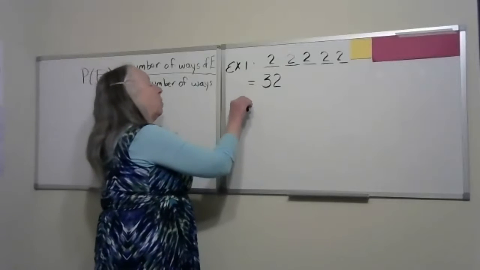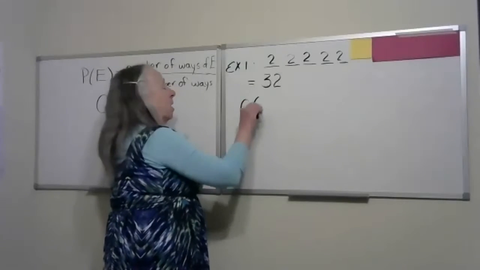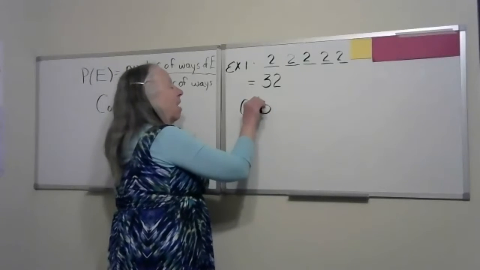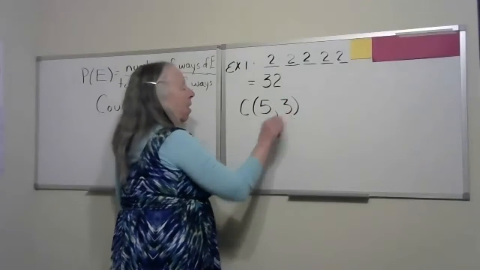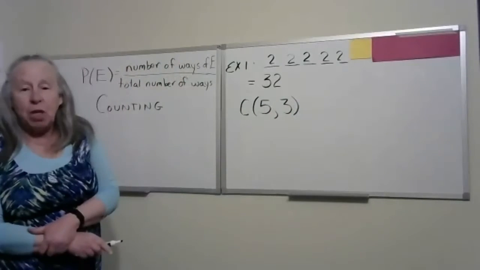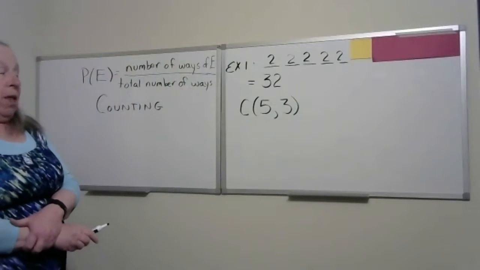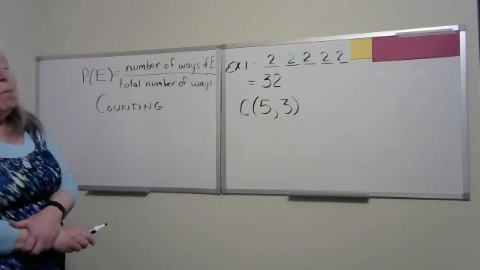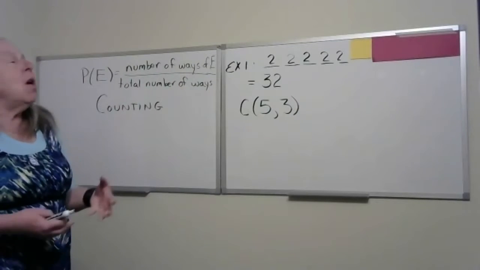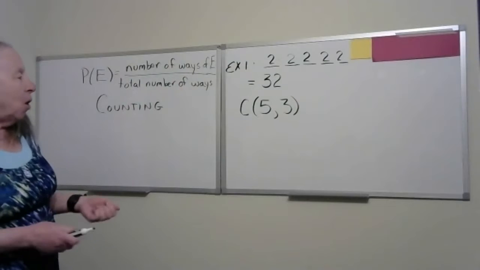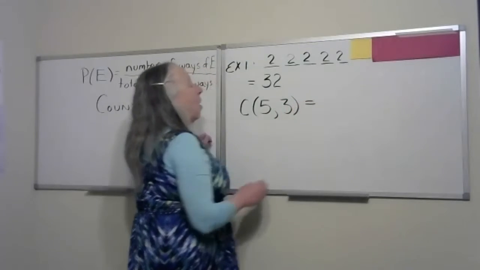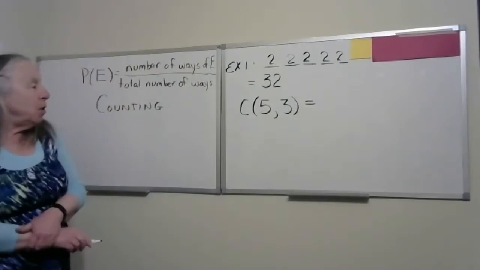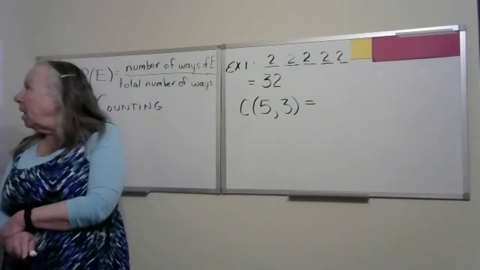But notice when we only have 2 choices, that's the exact same thing as saying that we have 5 objects and we're going to choose 3 of them. Now remember, we're counting up the total number of ways that can occur. And so now let's go ahead and do that calculation with our calculator.